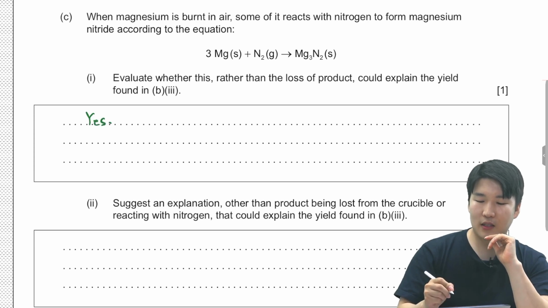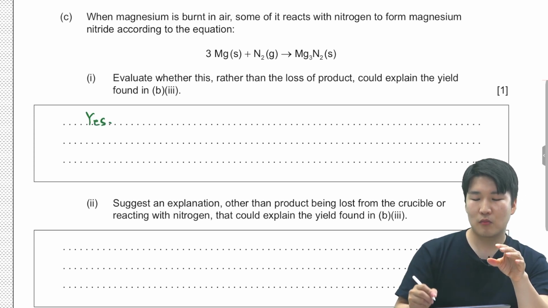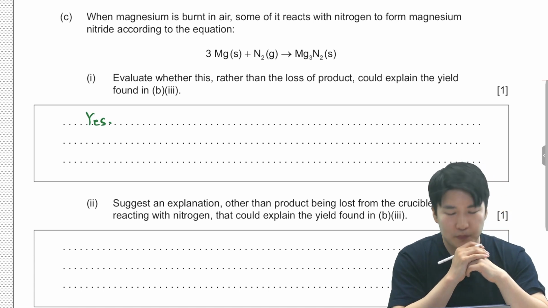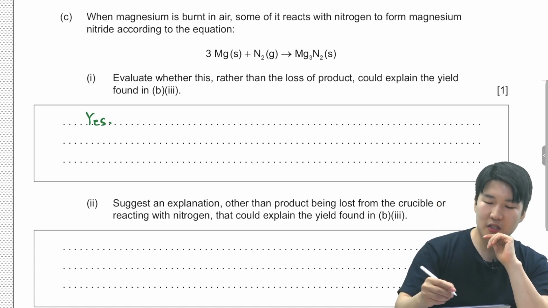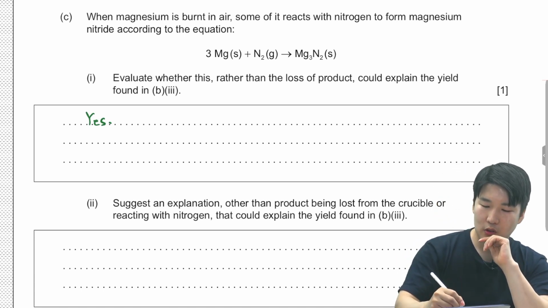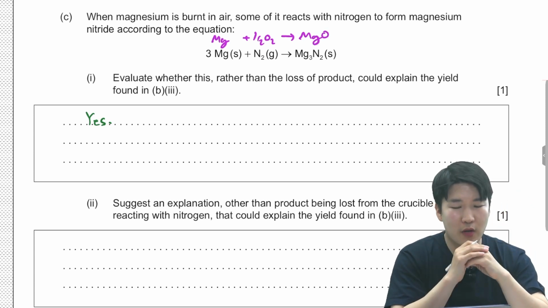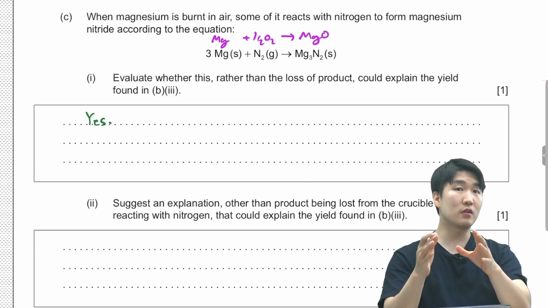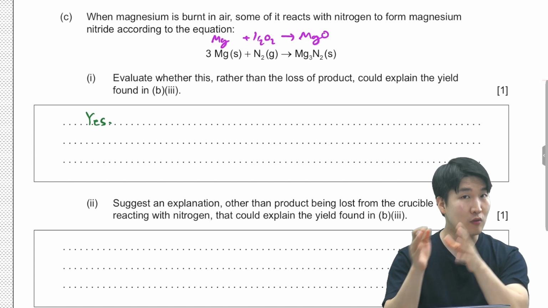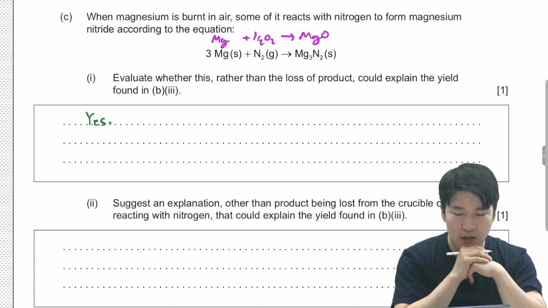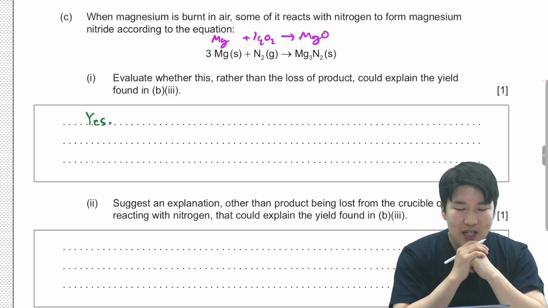If you look at the stoichiometry of magnesium with nitrogen, instead of magnesium and oxygen to form magnesium oxide, a 1 to 0.5 molar ratio of magnesium to oxygen, we have a 3 to 1 molar ratio of magnesium to nitrogen, and that's quite important. Why is that important?